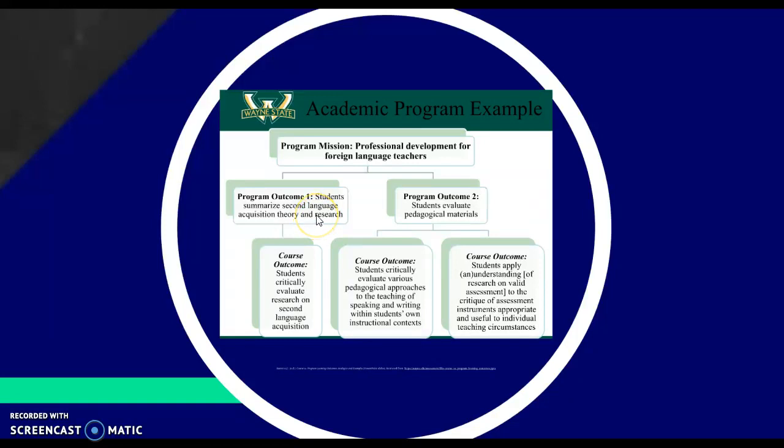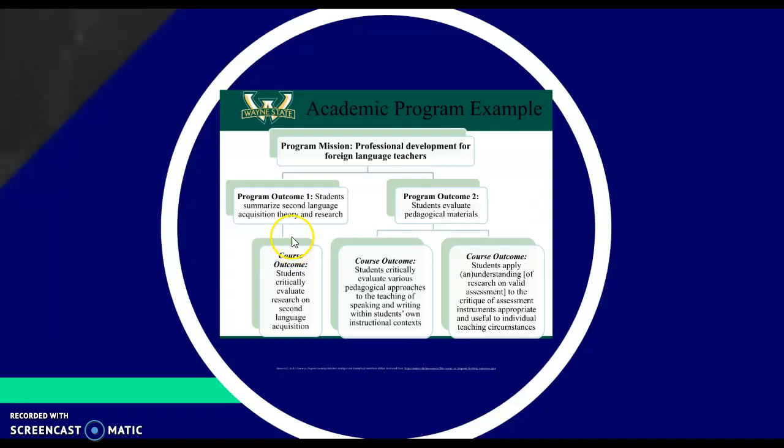This program outcome is broad and it's general, but the course outcome that's mapped to it is more specific, more narrow. Students critically evaluate research on second language acquisition. You could think of this course outcome as being representative of course outcome number 1 in Foreign Language 101, just a fictitious course.